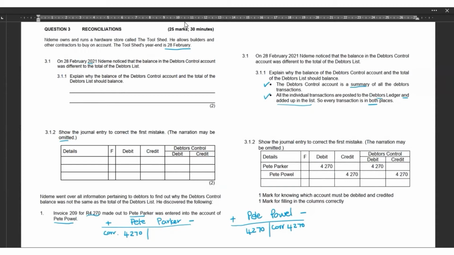I credit Pete Powell, 4,270, 4,270. And I remember that in my debtors control, I do the same thing. And you'll notice that they tell us 1 mark for knowing which one is debited and which one is credited. Okay, so you'll get 1 mark there. And 1 for filling in the columns correctly. So if you've got all of this right, you'll get another mark there.